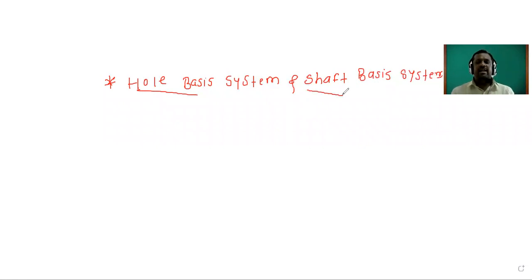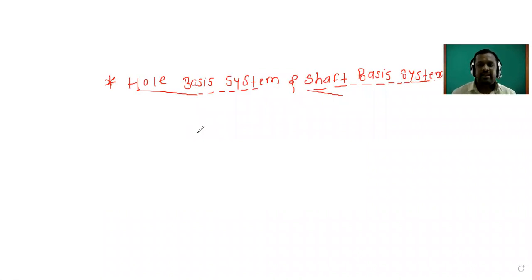So anybody having any idea about this? When can we call it the hole basis system and when can we call it the shaft basis system? Please tell me if you know.